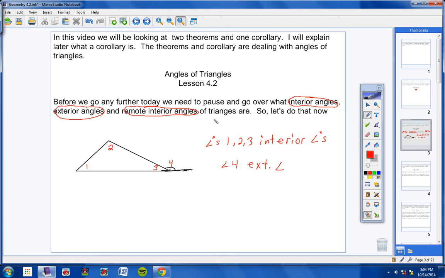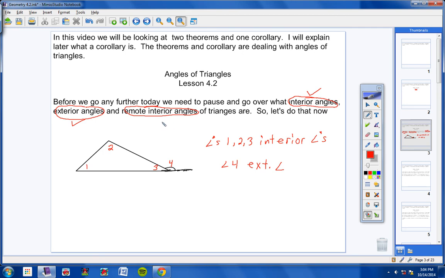Listen to me carefully. We've covered what interior angles are, the three angles inside of a triangle. We've covered what exterior angles are. Exterior angles are formed when you take one side of a triangle and extend it. Now, how about remote interior angles? Please listen carefully.